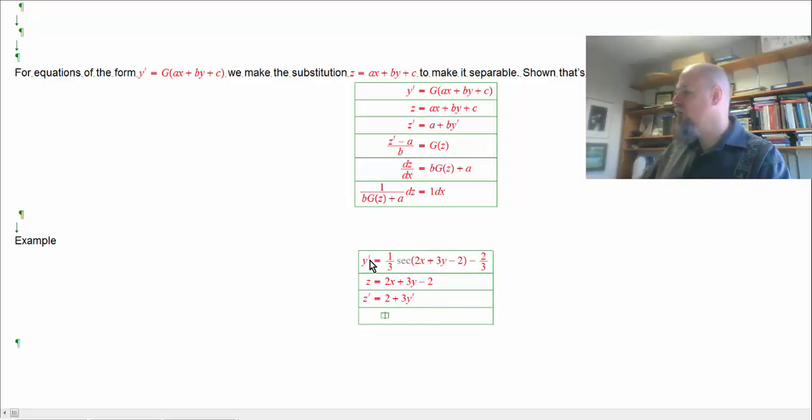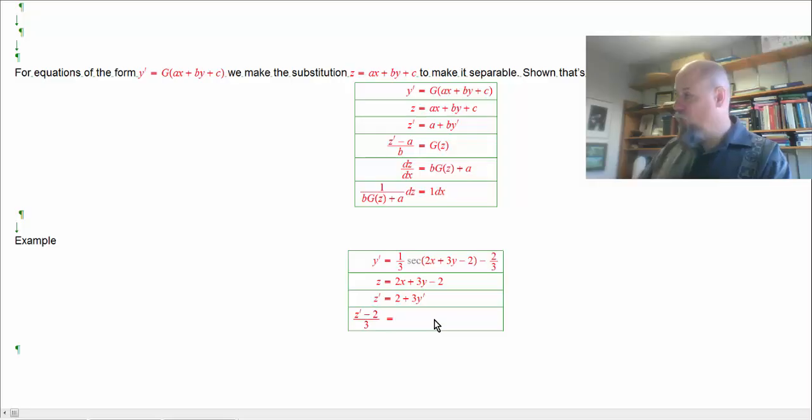Let's put our substitutions in. In place of y prime, I'm going to write z prime minus 2 divided by 3. That's this equation solved for y prime, and this is the equation with the substitution in.